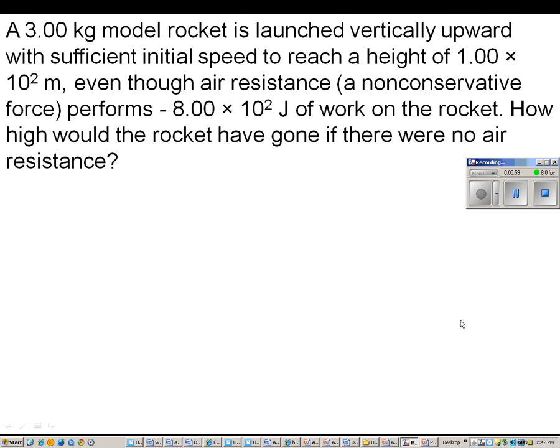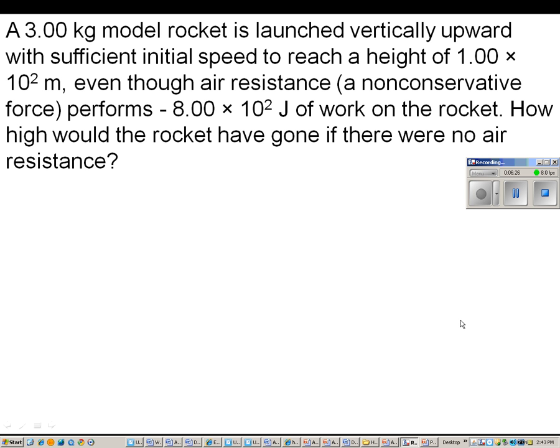The next example is a 3 kilogram model rocket launched vertically upwards with sufficient initial speed to reach a height of 100 meters, even though air resistance, a non-conservative force, performs negative 800 joules of work on the rocket. How high would the rocket have gone if there were no air resistance? Now, what a non-conservative force means is that it basically takes energy away from the system.